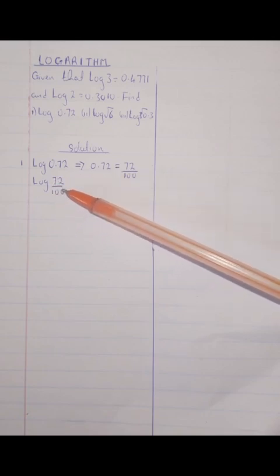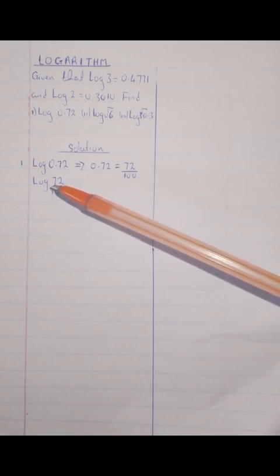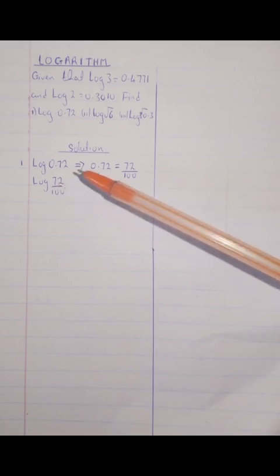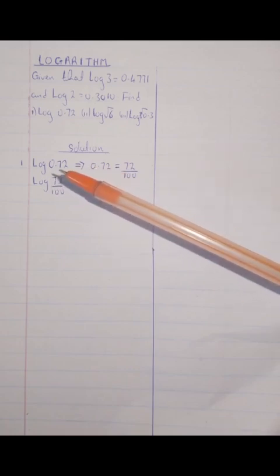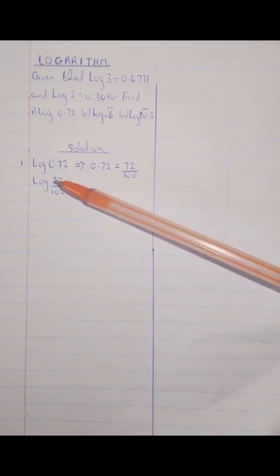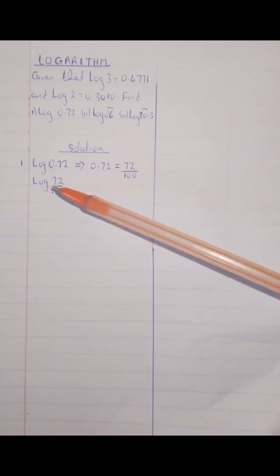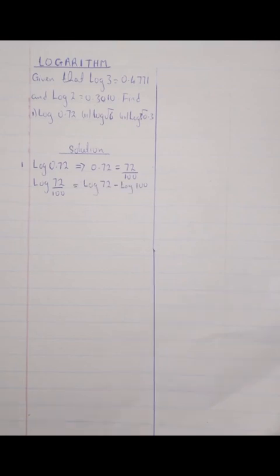If you don't know what I'm talking about, I will leave the link to the last video where you watch how we established the laws of logarithm. So watch that video and you'll understand what I'm talking about. So using that subtraction law, we can express log 72 over 100 as log 72 minus log 100.